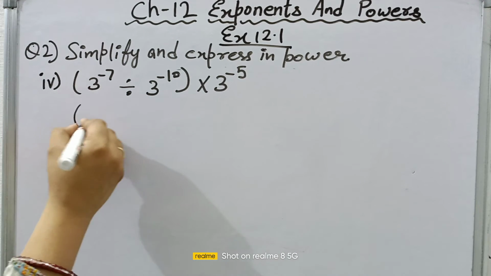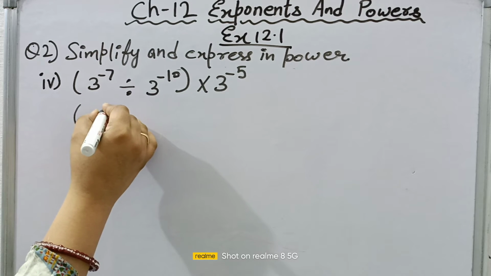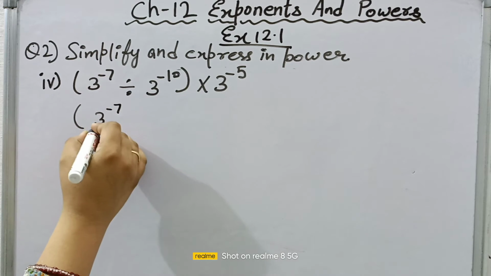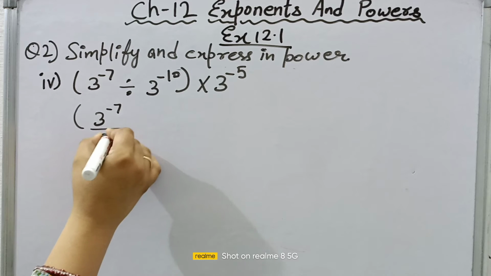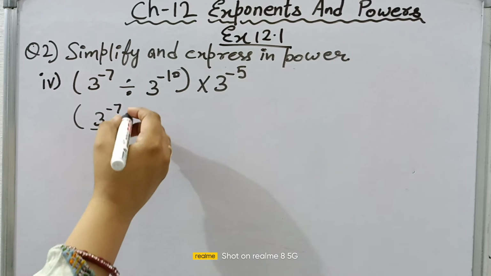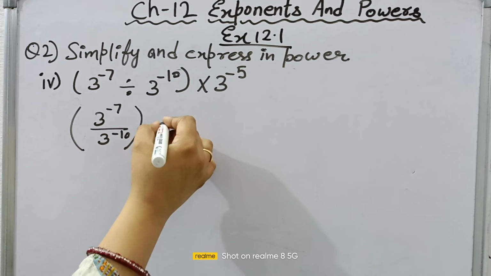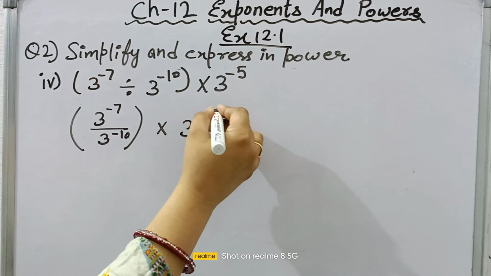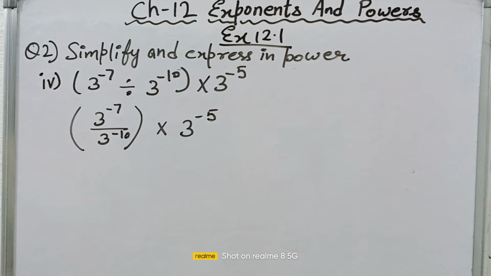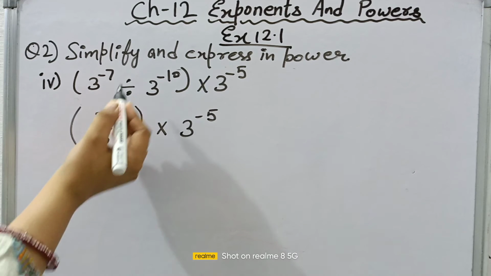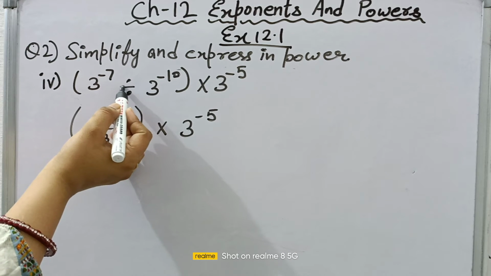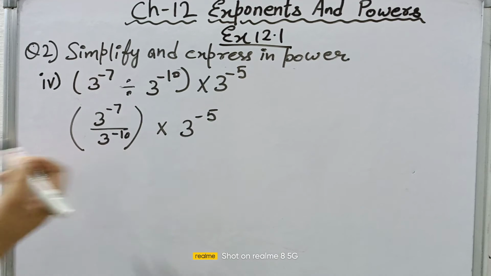So here we can write it as 3 raised to the power minus 7 upon 3 raised to the power minus 10, multiplied with 3 raised to the power minus 5. I just simply wrote this division in the form of fraction.